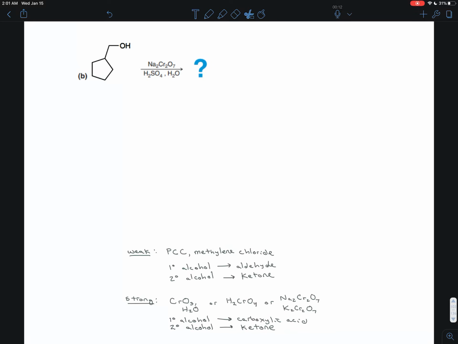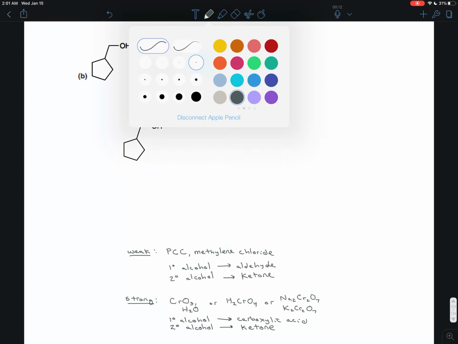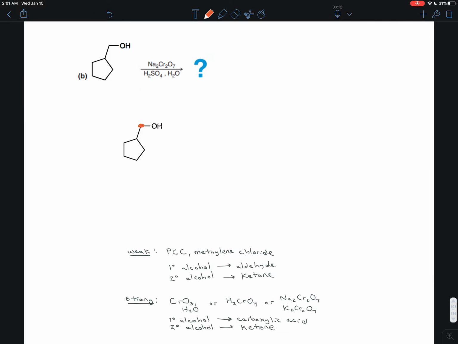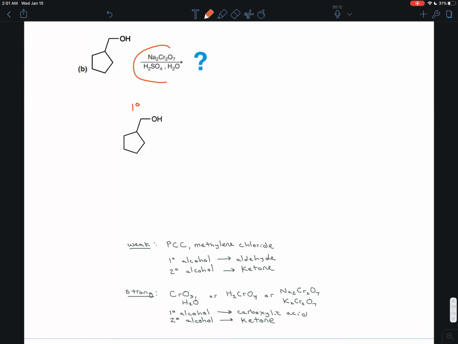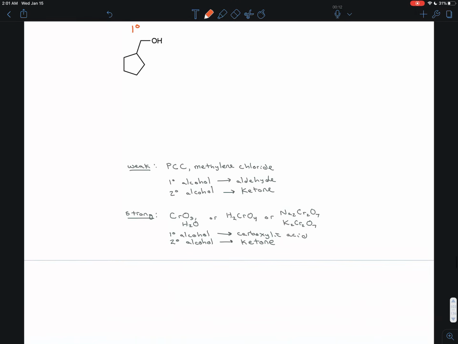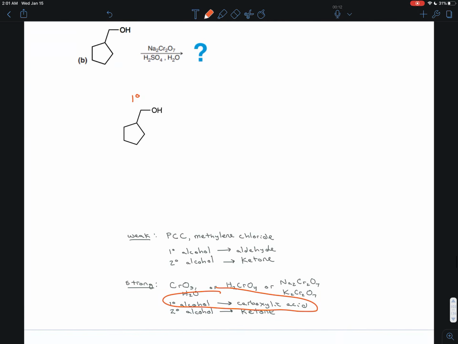Okay, well, what type of alcohol do we have? You look at the carbon that has the OH on it. It's only bonded to one other carbon, so it is primary. This is a primary alcohol. What does sodium dichromate do to that? Sodium dichromate turns primary alcohols into carboxylic acids.